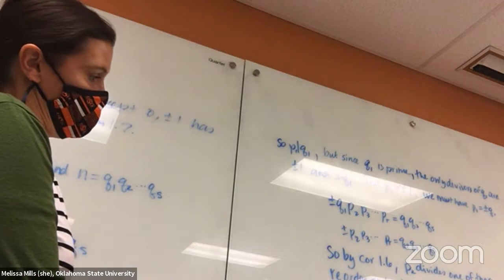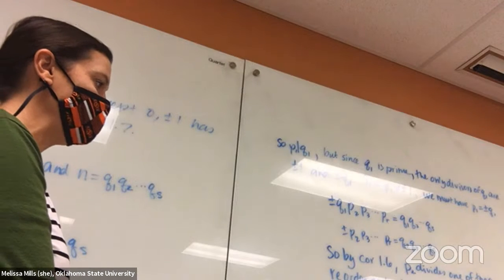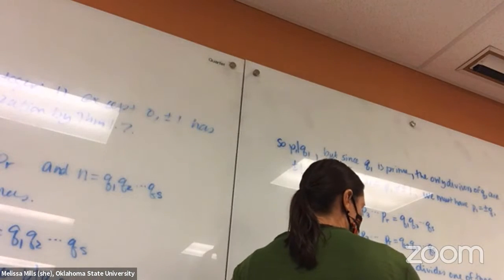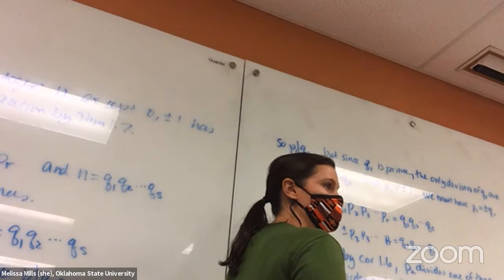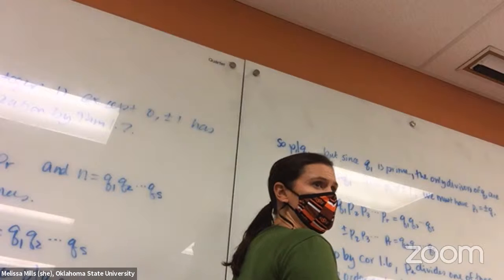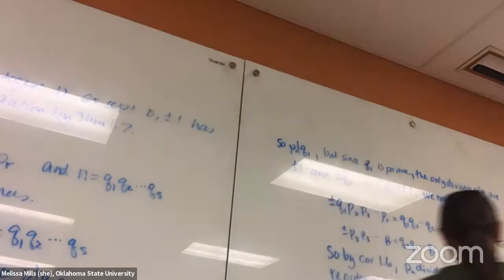So what does that mean? Where's my contradiction going to come from? If there are more primes on the right-hand side, well, what must be true of these primes? This prime must do what? It must divide 1, right? Does that make sense? So P S plus 1 must divide 1.